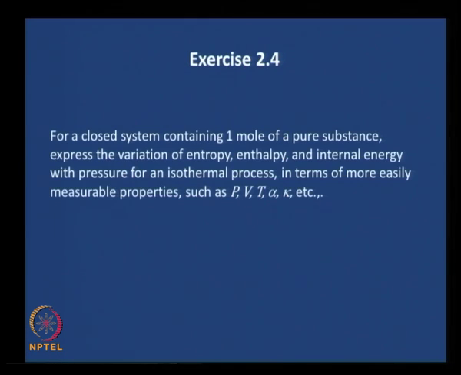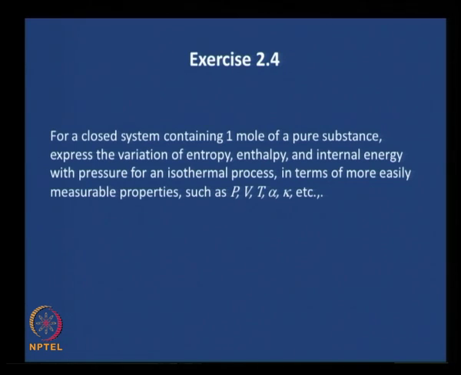So with these 2 definitions, it is much easier to get a feel of the use of alpha and kappa, expansivity and compressibility, if we work out an example or an exercise, that is exercise 2.4 here.